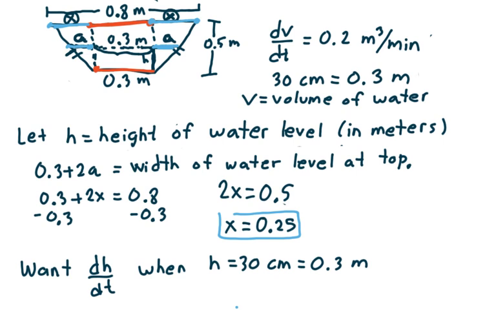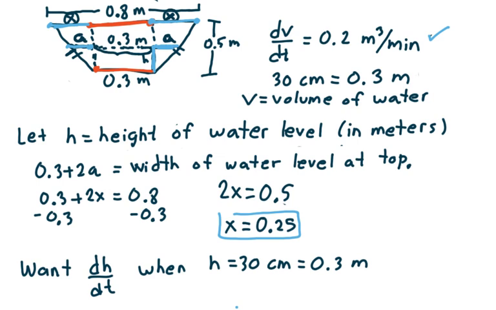Now, I drew a cross section of an isosceles trapezoid. We already know that dV/dt is 0.2 cubic meters per minute. I'm going to let h equal the height of the water level. Okay, and I label that here. That's h.